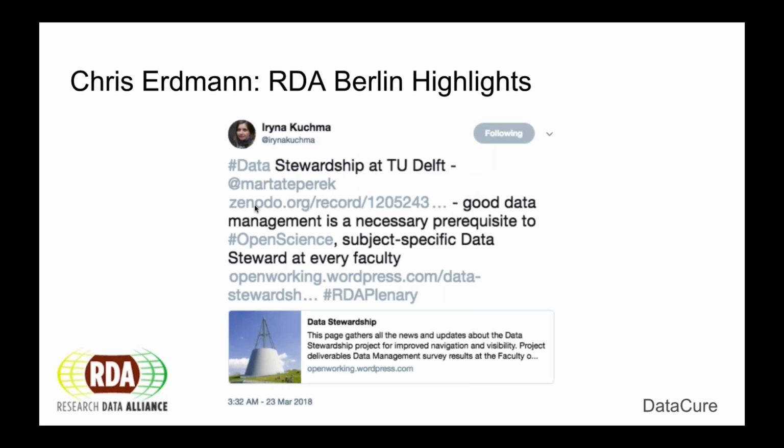There was also an announcement about a stewardship group by Martha at TU Delft. The data stewardship workshop recently happened at TU Delft, and there have been some blog posts, summaries and other documents produced about it. What's so striking about the TU Delft program is that they've done a great job in their outreach.